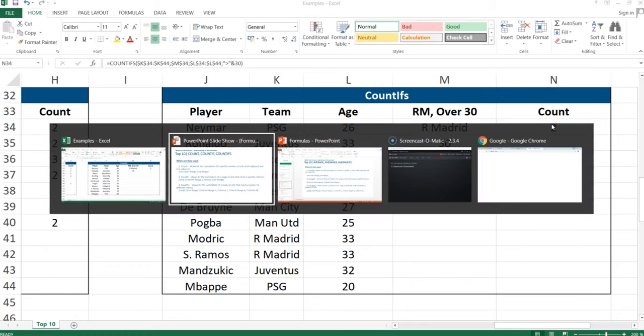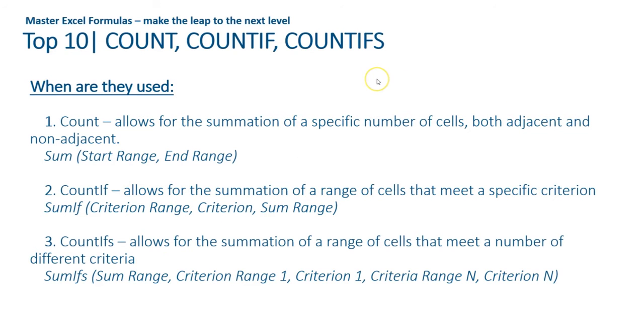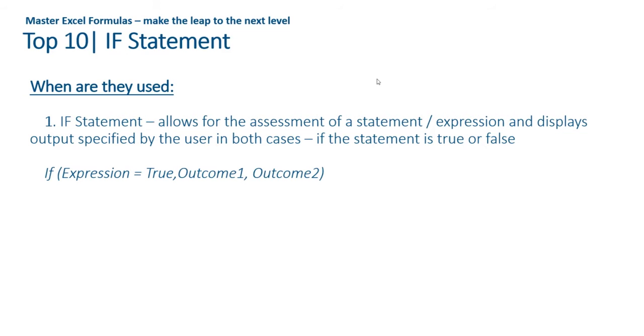Now going back to the presentation, the next group of formulas, or this is more like one formula really, but which has a lot of variations, is the if statement. This is one of the most important formulas in Excel because it is very applicable in many of the analyses that are done here, of course.